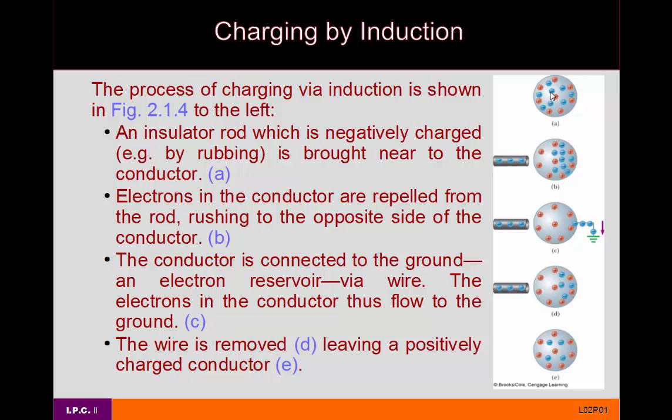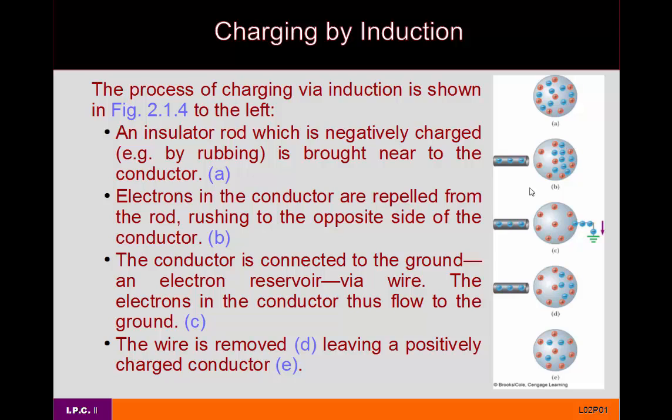The net is 0. So then you have an insulating rod and it's charged. It can be either charged negatively or it can be charged positively. In this diagram, it's a negatively charged rod, just as in the previous. So you bring it nearby, and again, just like with the case of charging by conduction, what you see is that the electrons tend to move away from the rod, thereby leaving a few positive charges nearby and a strong negative charge on the far side.